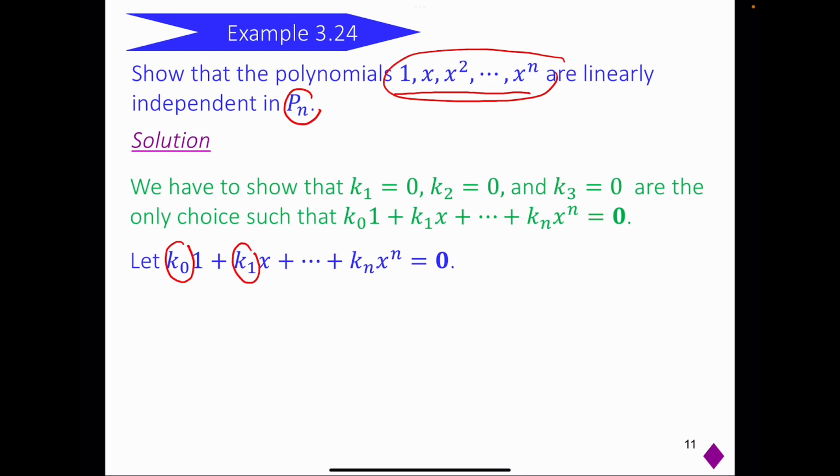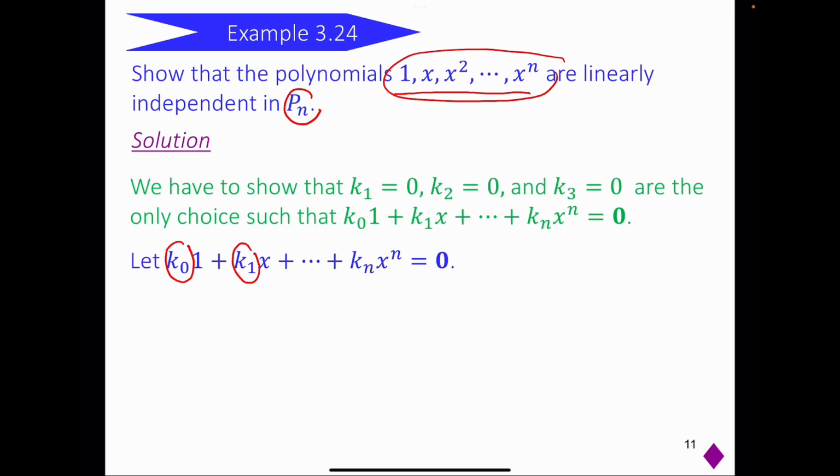Compared to the previous example, I always started my scalars with K1. But that's not a problem at all. It's just a symbol. You may use any other symbols as you like. Alright, so we have this equation.